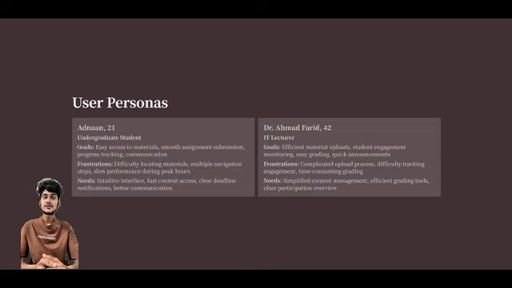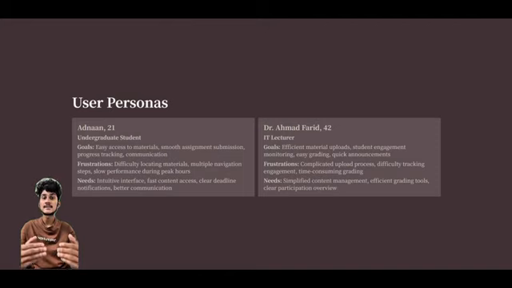The next is user personas. We created two personas to represent typical users. The first is Adnan, a 21-year-old student. His goal is to easily access materials, submit assignments, and track his progress. His frustrations include difficulty in finding materials and slow system performance.